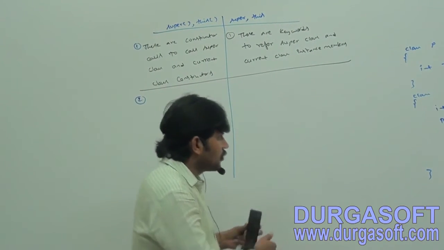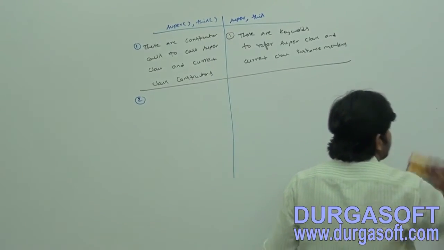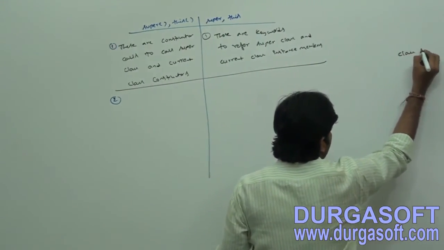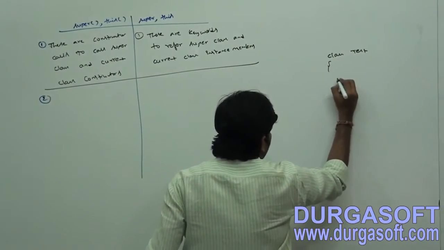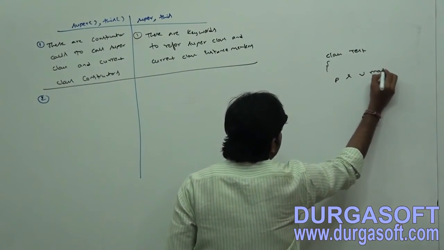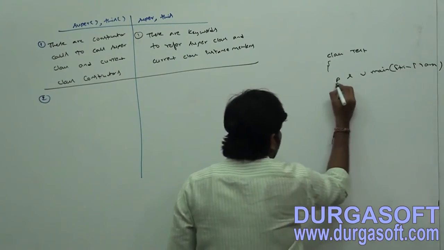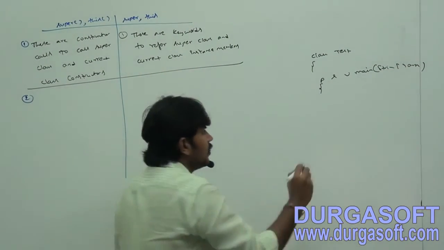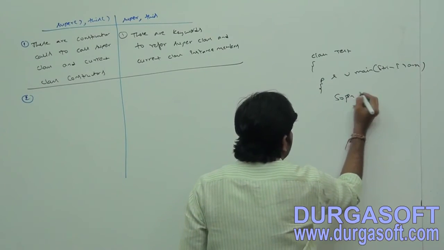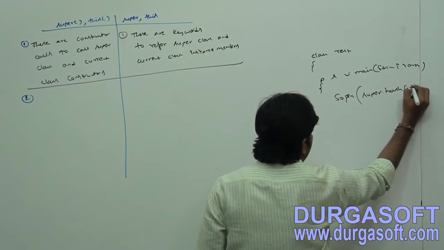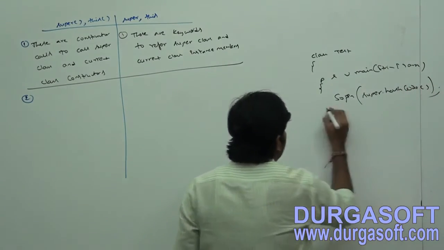By mistake, if I use it, just observe. Class test, public static void main, String array args, System.out.println, super.hashCode. The parent class contains the hashCode method.